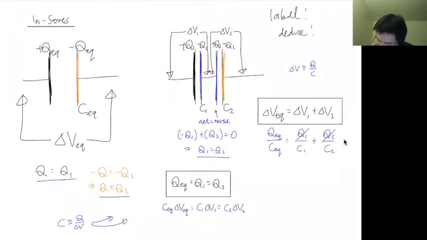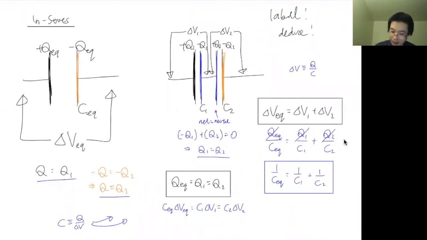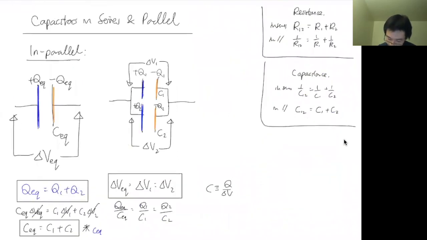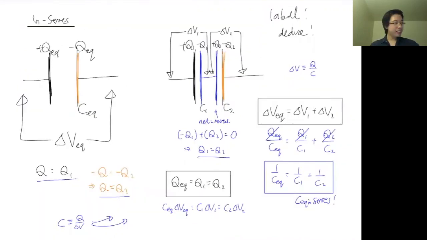And I got basically my equation that I alluded to. This one in blue, I will probably memorize: this is C_eq in series, and this is C_eq in parallel. All right, good. So this is the end of it.